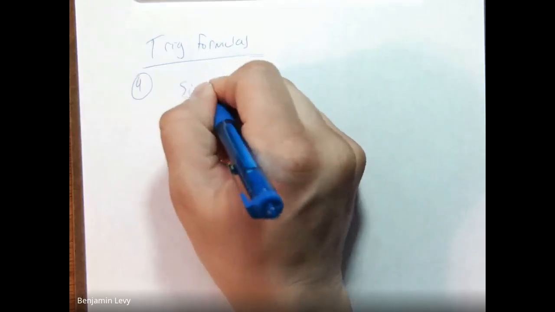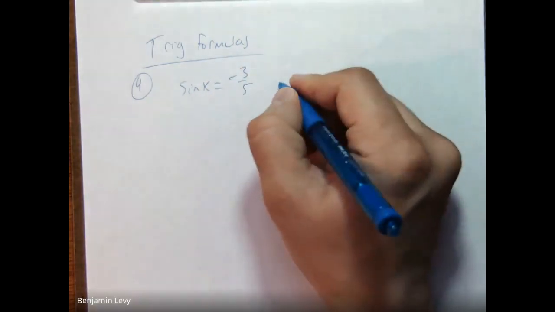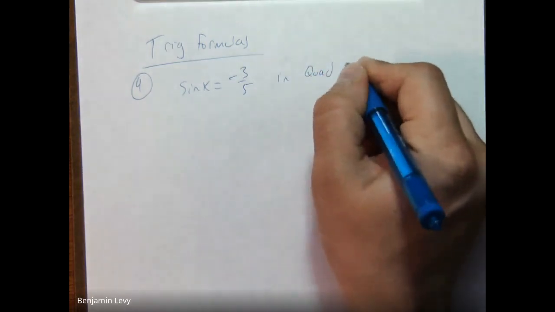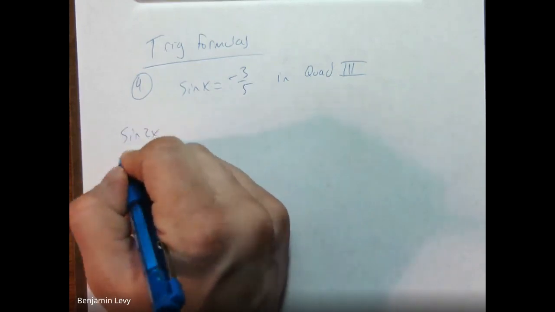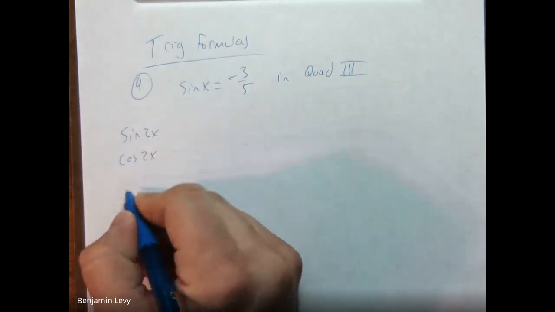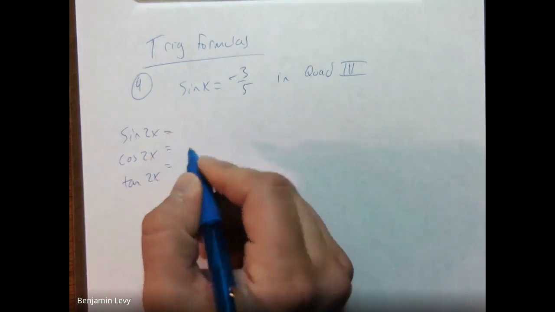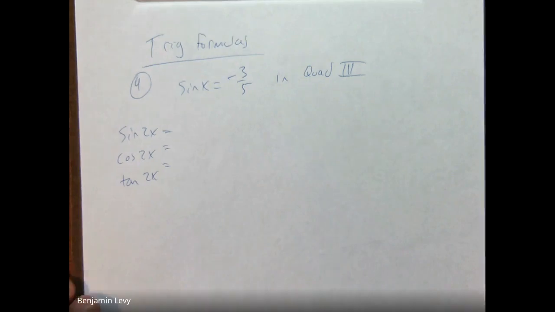Number 9 gives you a value for sine. And then it wants sine of 2x, cosine 2x, tan 2x. And so this is begging us to use the double angle formulas, right?